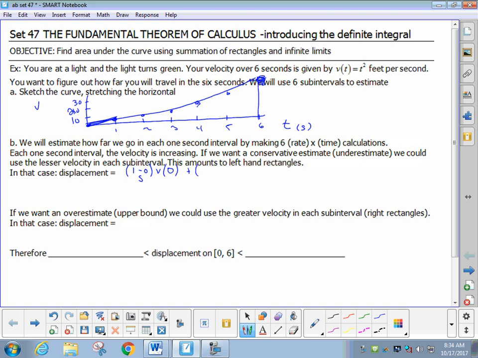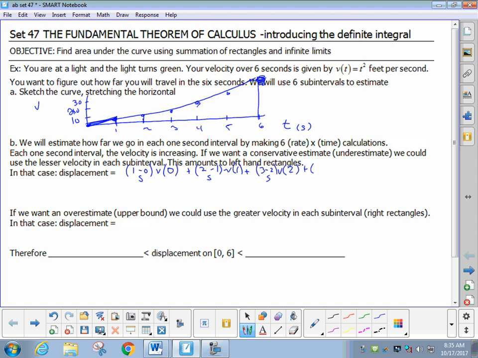In the second interval, from 1 second to 2 seconds, which again, I know is a 1 second interval, I'm trying to show where the numbers come from. I could then say, all right, at the very minimum in that time frame, I could use a minimum velocity of the velocity at time 1. In the next time frame from 2 to 3 seconds, I could use the lower velocity of 2 seconds.